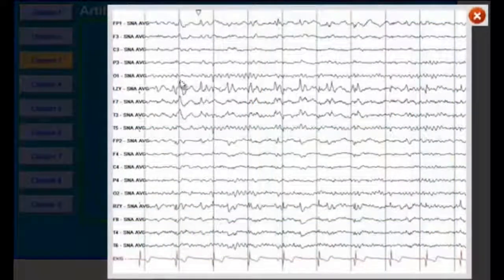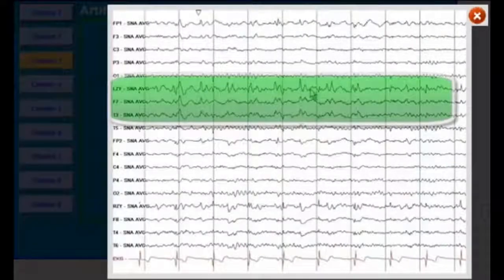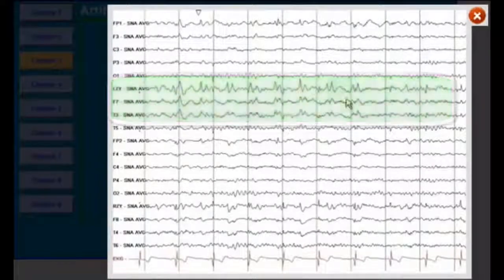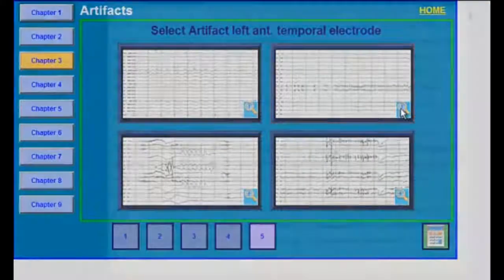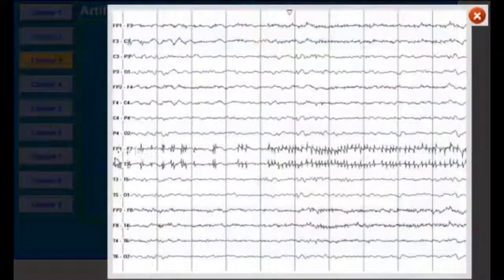So here you see slowing in the left temporal head region with sharp waves. So this is real activity coming from the brain, showing some focal disturbance of cerebral function in the left temporal head region with increased risk of seizure onset from this location. You see an electrode artifact at F7, and you see slowing in the background.